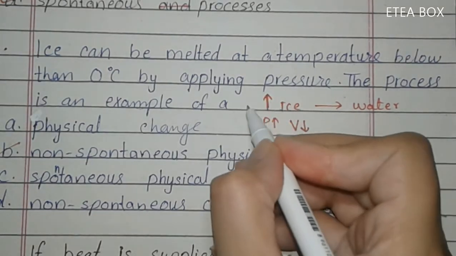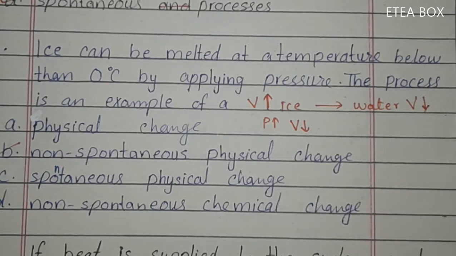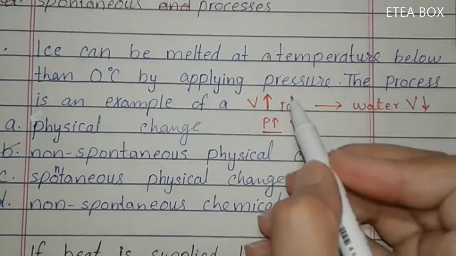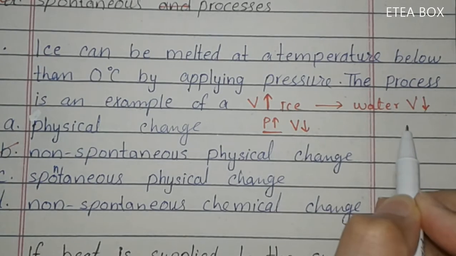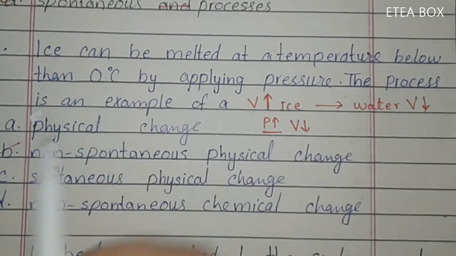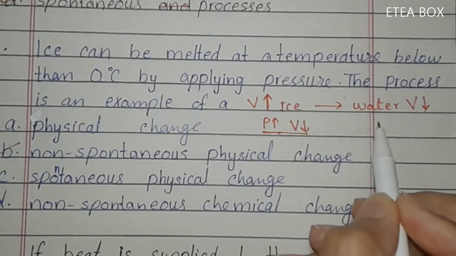We know that the volume of ice is greater and the volume of water is smaller. So when we increase the pressure, the reaction moves in the direction where the volume is smaller. In that case, the ice melts at a temperature below 0 degrees C by applying pressure, and the ice is converted into liquid.